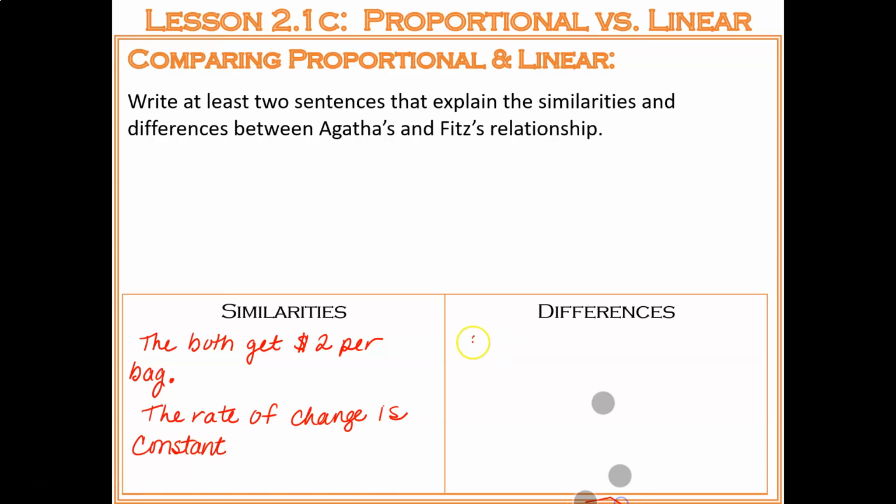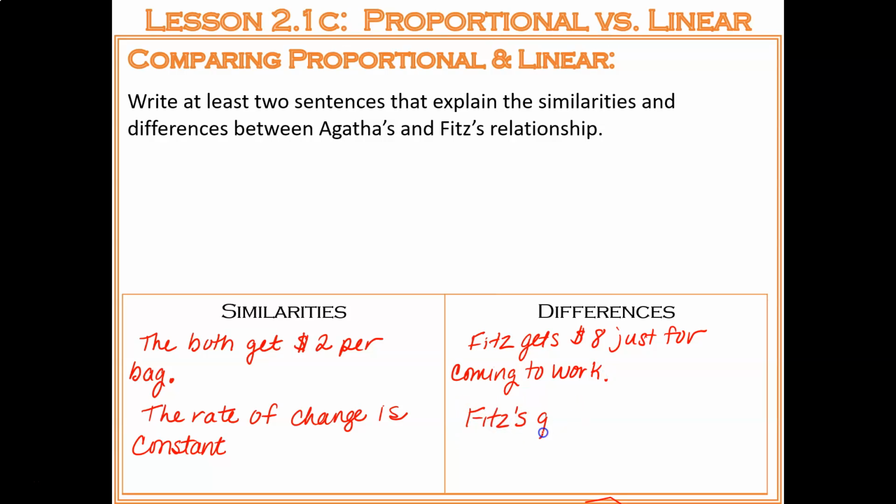The difference here is Fitz gets $8 just for coming to work. And it means that Fitz's graph starts at 8.